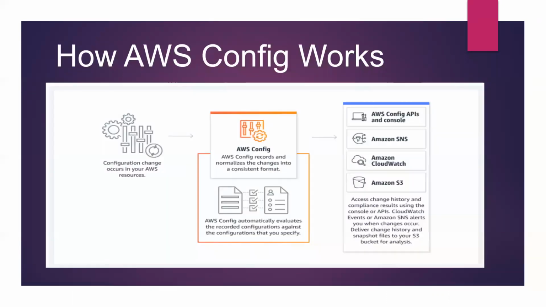First, when we turn on AWS Config, it discovers the supported AWS resources that exist in our account. After that, it generates a configuration item for each resource.